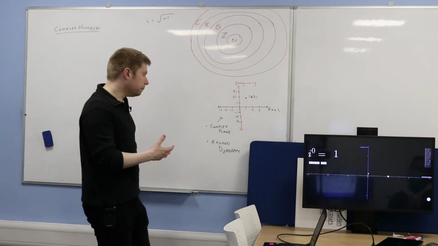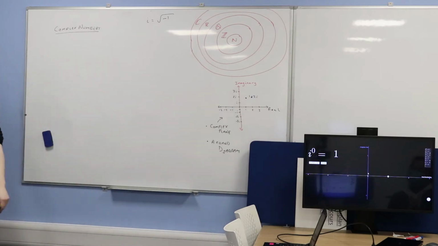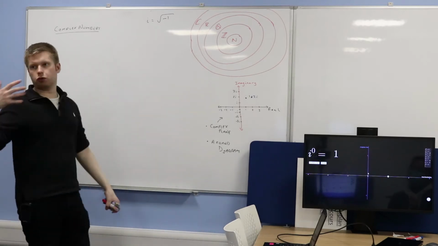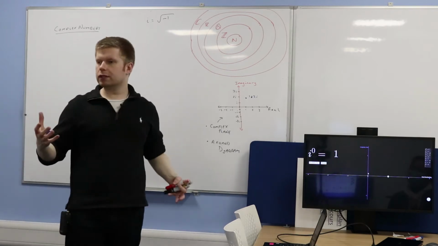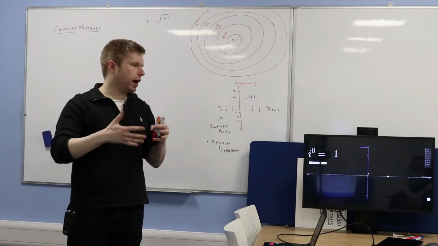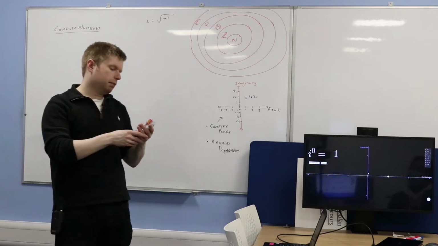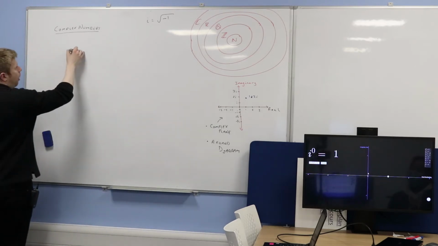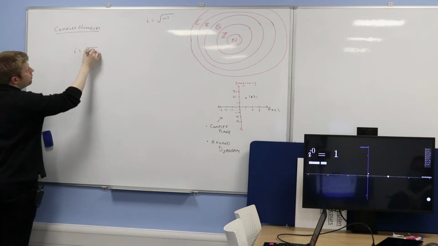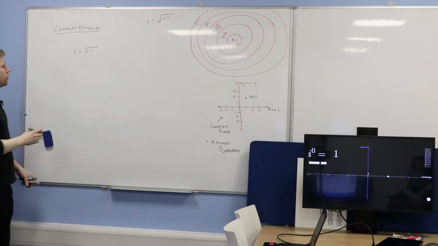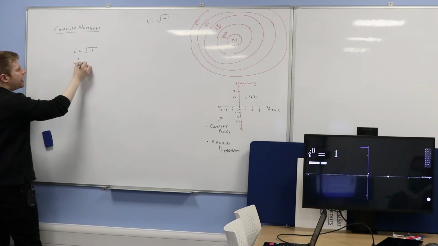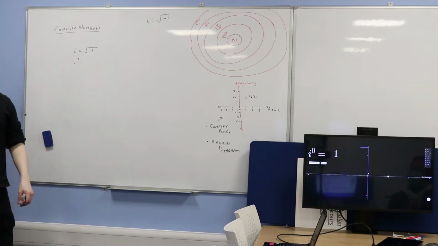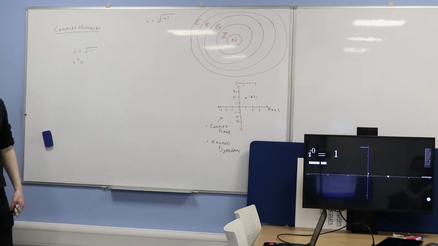So let's think about what happens when you multiply, when you subtract, when you add real numbers, and then we can think about what happens when we subtract, add, multiply complex numbers. So i is equal to the square root of -1, right? Let's have a think. What would i squared be equal to? i squared would be equal to -1. Why?